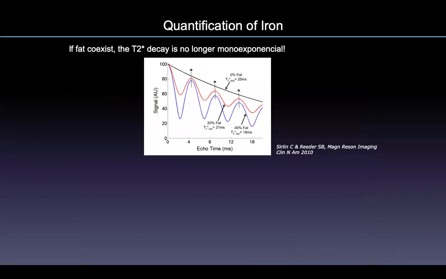For example, if fat coexists in the liver parenchyma, the T2 star decay is no longer mono-exponential.